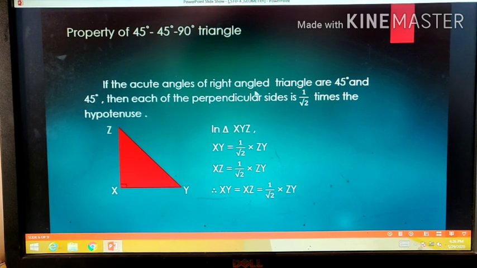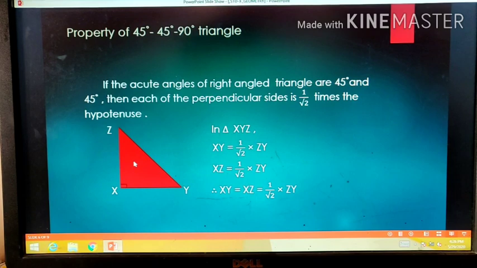If the acute angles of a right angle triangle are 45 degree and 45 degree, then each of the perpendicular sides is 1 by root 2 times the hypotenuse. In triangle XYZ, angle X is 90 degree, and angles Z and Y are both 45 degree each. Therefore, XY and XZ are the sides opposite to the 45 degree angles.